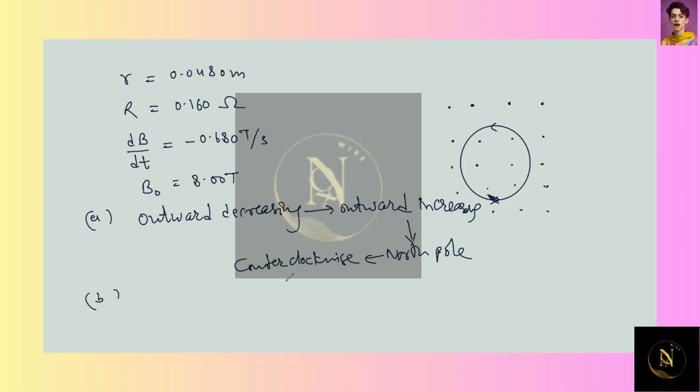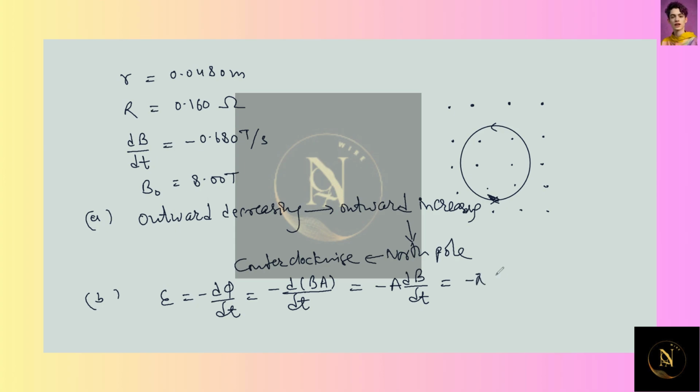For this purpose, first of all, we will find the magnitude of EMF induced, and that is given by Faraday's law of electromagnetic induction, as EMF induced is minus d phi by dt, or we can say this is the differentiation of B times A, where A is the area and B is the magnetic field, with respect to time. As the area is constant, this is minus A dB by dt. So we put these values here.